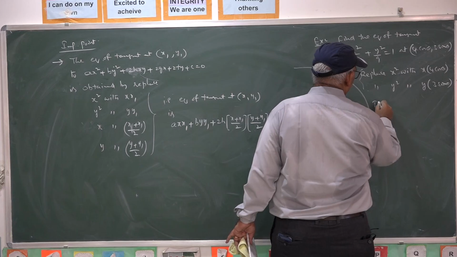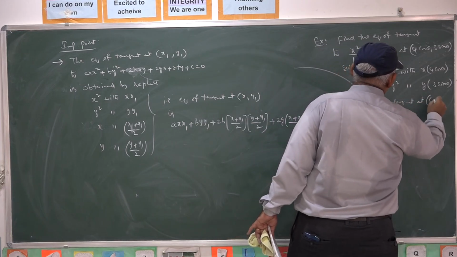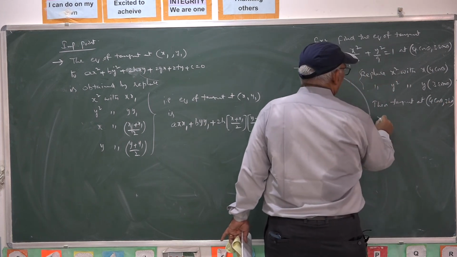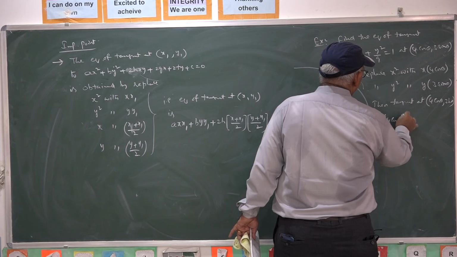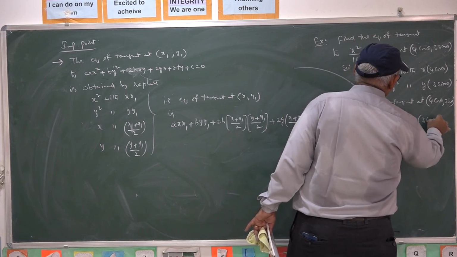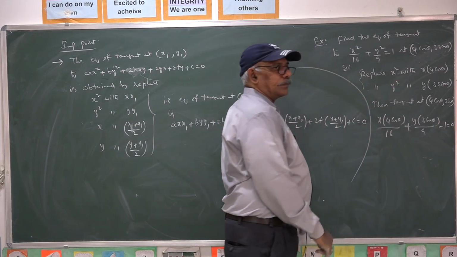So the tangent at the given point 4 cos theta, 3 sin theta is x into 4 cos theta by 16 plus y into 3 sin theta by 9 minus 1 equal to 0.